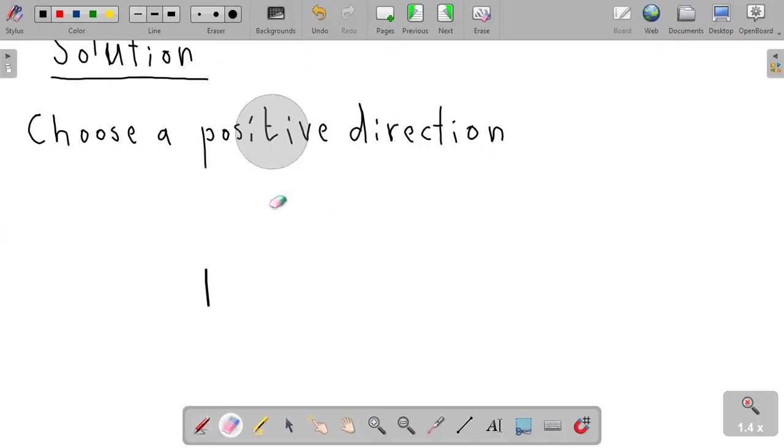So there is a force of 5 newtons that goes to the right, and then there is a force of 2 newtons that goes to the left.